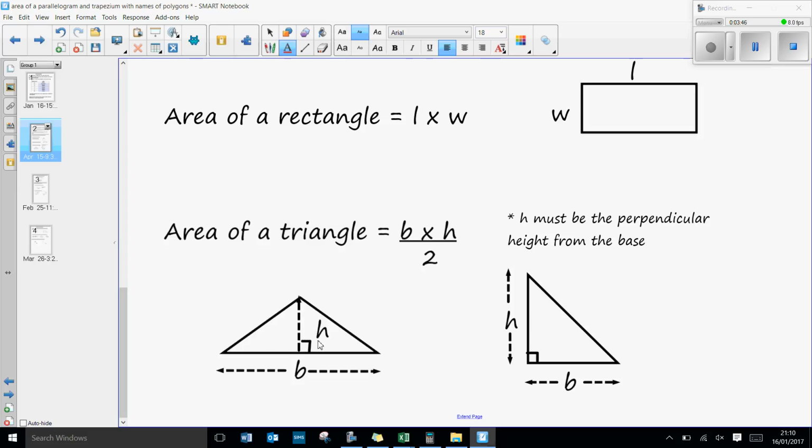Often in a question, they will trick you by giving you additional measurements here, but you must always make sure you're using the height and the base only. Do not assume that if they've given you extra numbers, you have to involve them in the calculation.